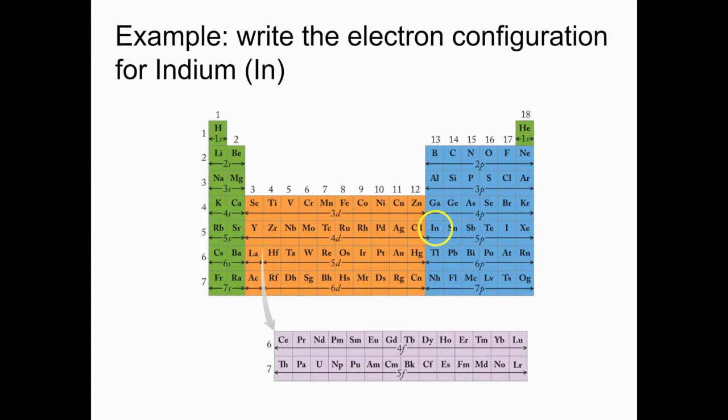All right, so indium, what row are we on here? It is in the 5th row of the p's. So why don't we just do core notation? You would go krypton first.